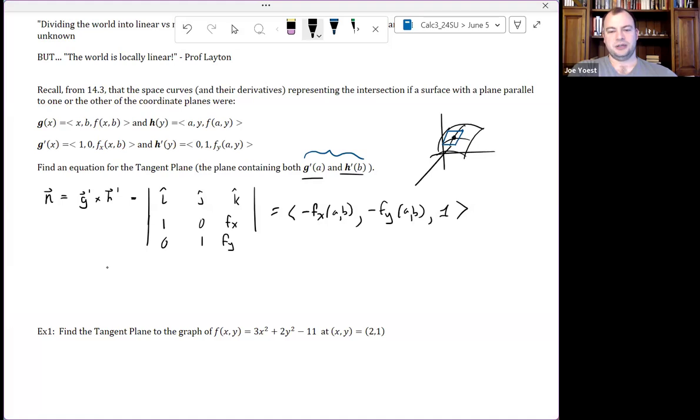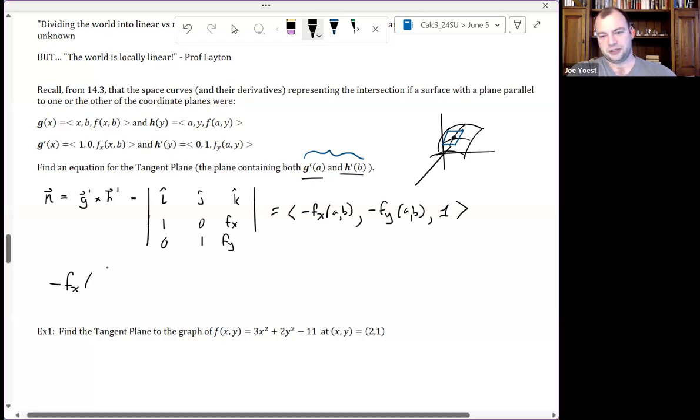And then what's the formula for my plane? Well, it's the first component of the normal times x minus a, plus the second component of the normal times y minus b, plus the third component times z minus z naught. So I have negative fx of (a, b) times x minus a, plus a negative fy of (a, b) times y minus b, plus 1, I'll put the 1 in there, times z minus, well, let's just call it z naught for now.